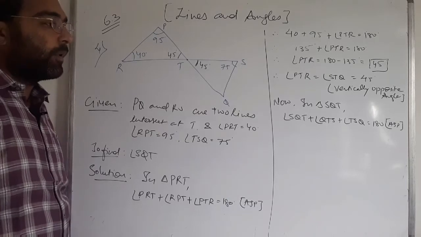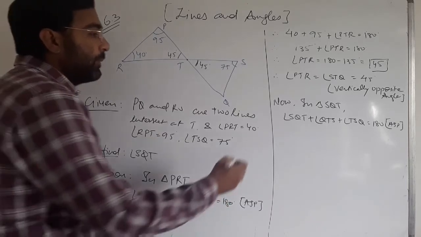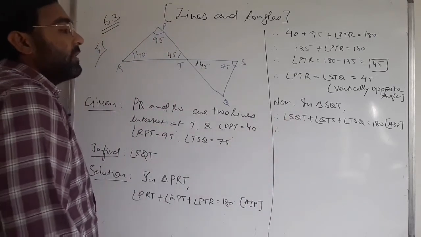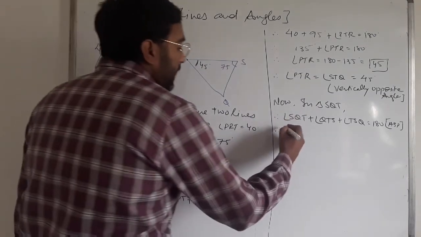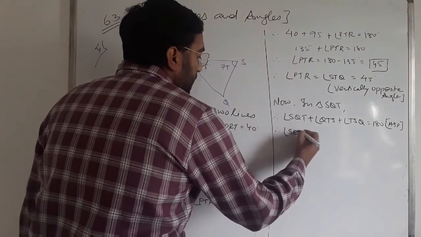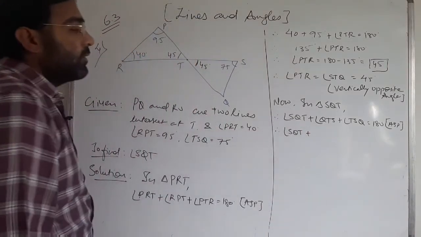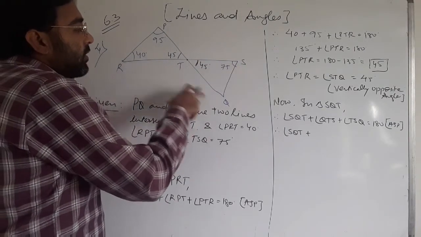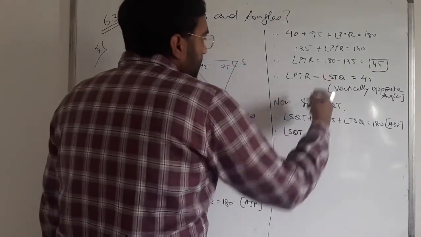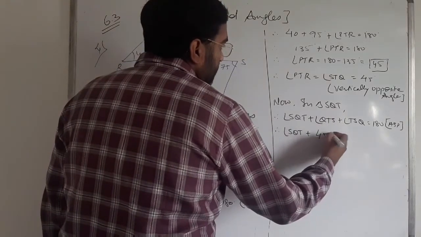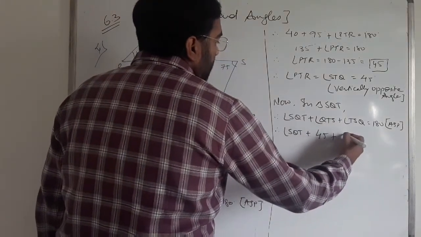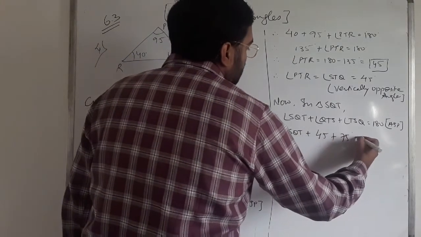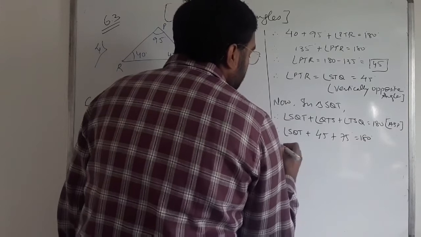Using the angle sum property, we don't know the measurement of SQT, so I'll write it as it is, and we have to find that SQT. So QTS, that is 45 degrees from here, plus angle TSQ, that is 75 degrees, that is given, equal to 180 degrees.